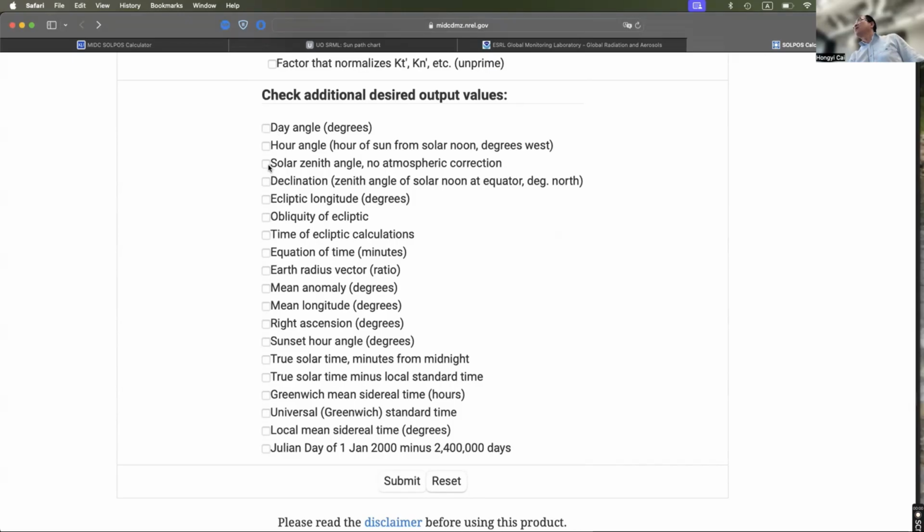Should I pick one of them here? Let me see. Choose all time. Right. Mean Earth radius, equation of time. This is additional, right? It doesn't let me do that.